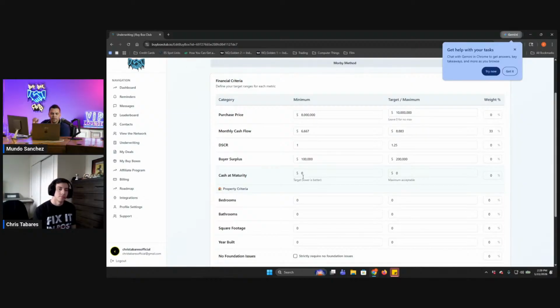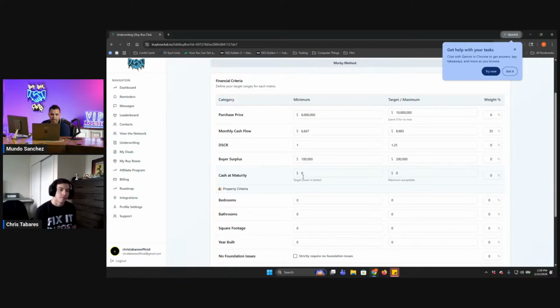So if that number is above 0, that means you're going to have to stroke a check whenever you refinance out of the current loan to pay off that previous balloon, if there is one. If you take the attitude of I never want to stroke a check, it would be at 0 at all times, right?